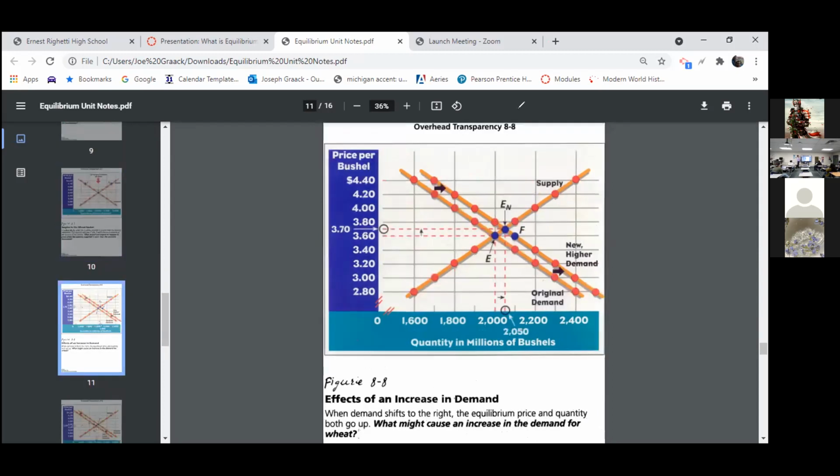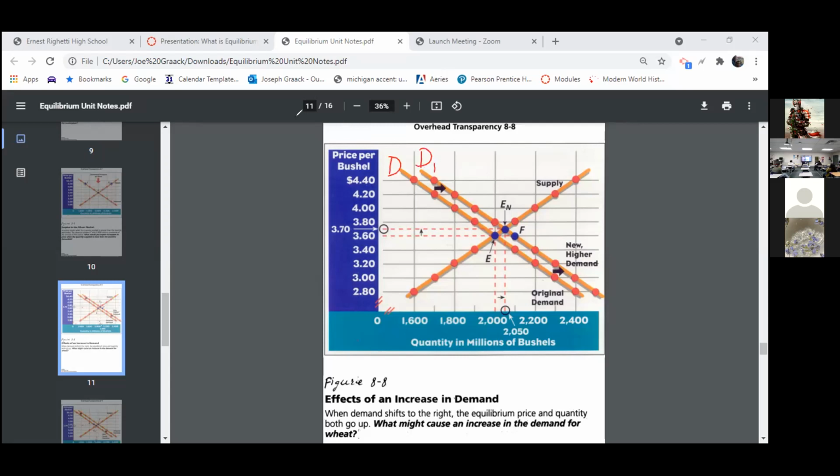So when you have these situations, what happens is you're going to have movement. So the effects of an increase in demand: an increase in demand generally is going to drive up the price because it's an area of shortage. You can see this is original demand, which we'll mark with D, and new demand, which we'll mark with D1.